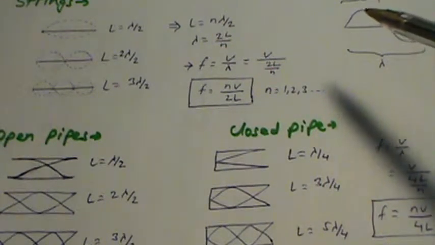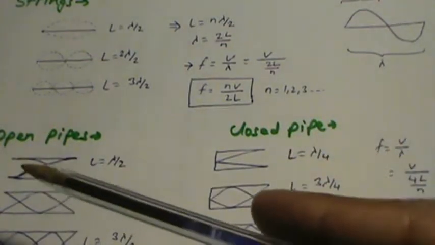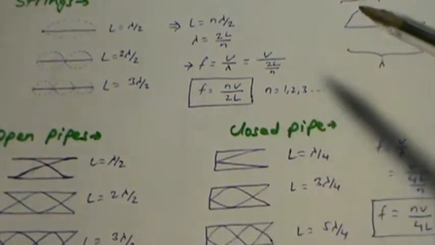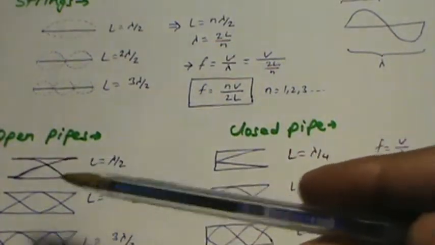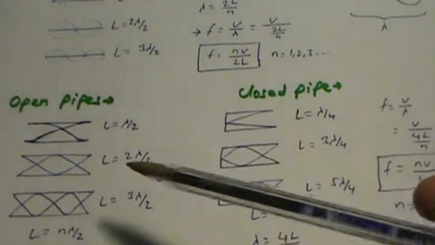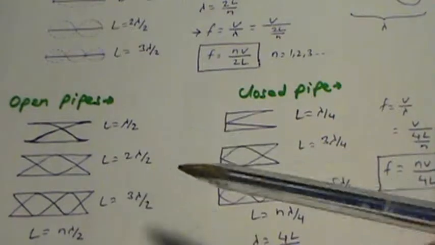And if it just starts right here and goes down, that's 1/2 of a wave. And the same thing happens, it starts on the top and goes to the bottom, so this is 1/2 of the wave. So this is 1/2 of the wavelength, and if L is the length of the pipe, then we can see that L equals the wavelength of this waveform divided by 2.